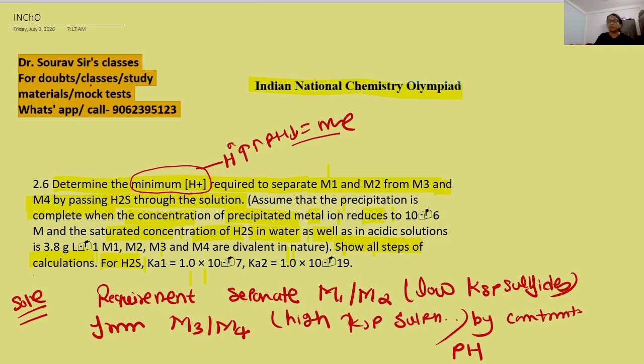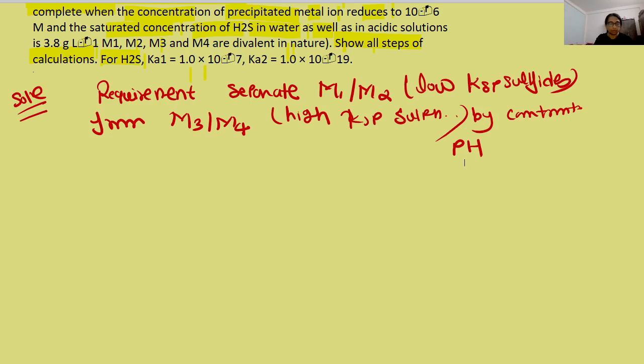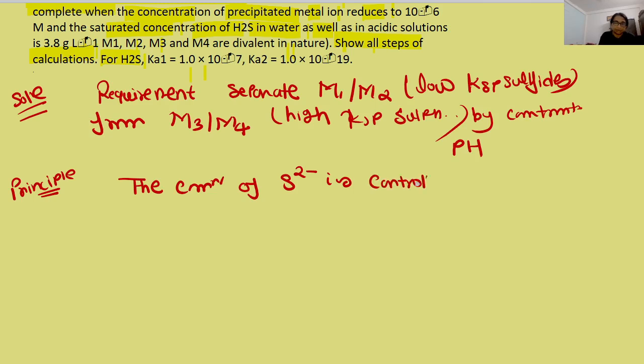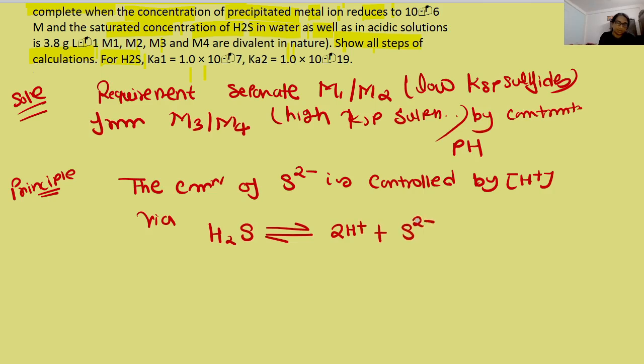The principle is that the concentration of the sulfide ion, S2 negative, is controlled by the concentration of the H plus ion via the reaction H2S reversible 2H plus plus S2 negative.